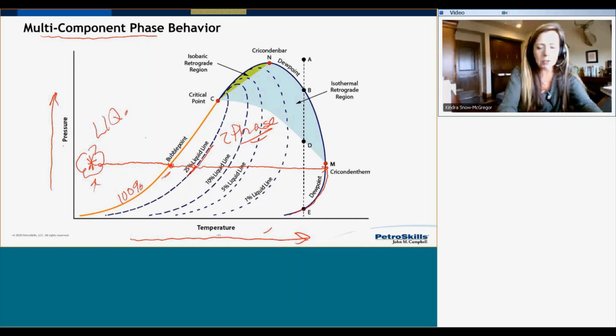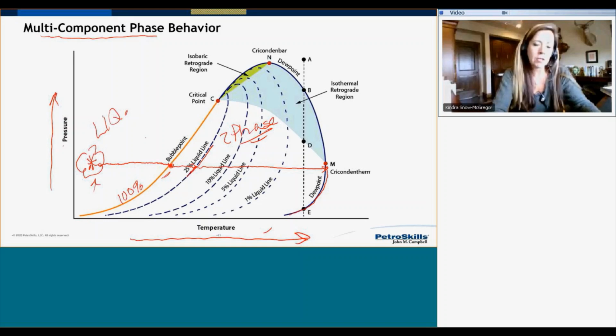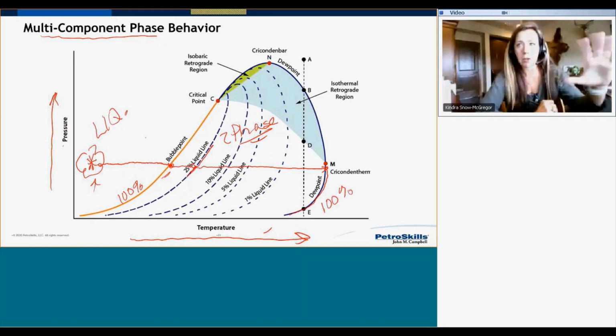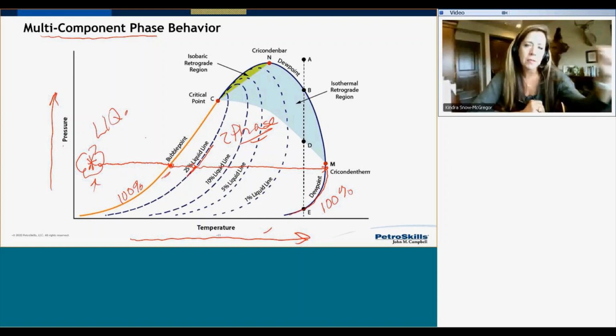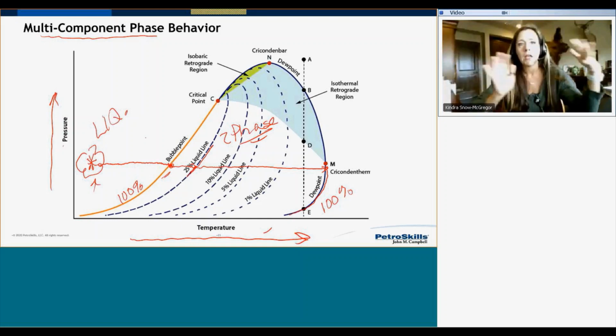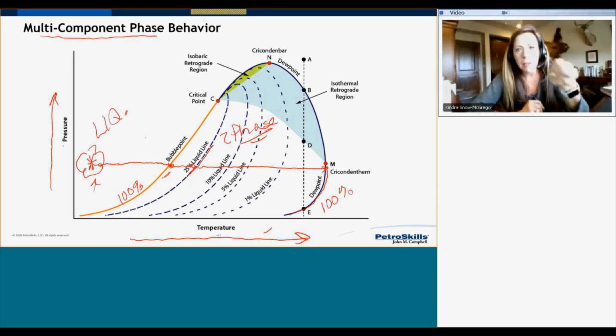At this dew point curve, this condition here, I am now 100% vapor. My entire composition is 100% vapor with the exception of the very last liquid droplet. If I think about the composition in my multi-component phase behavior, that very last liquid droplet that's going to be hanging on to remain a liquid is going to be the heaviest hydrocarbon in that system.